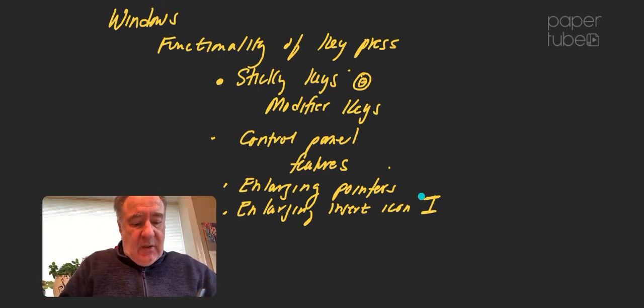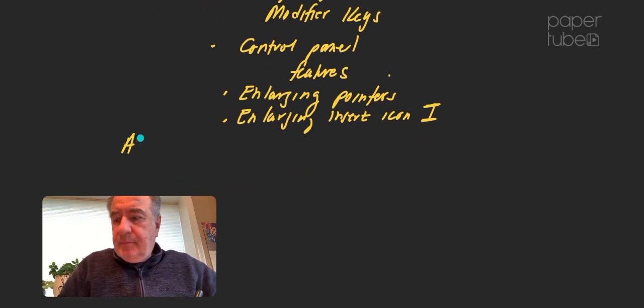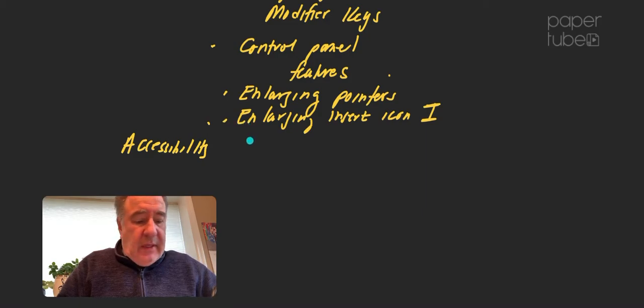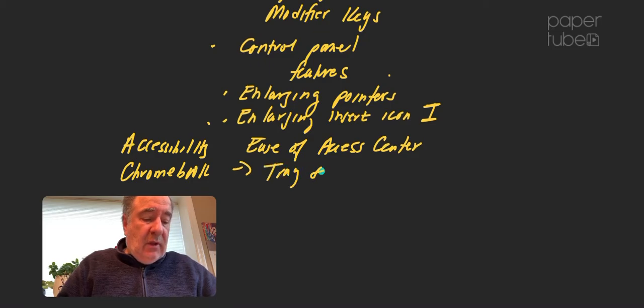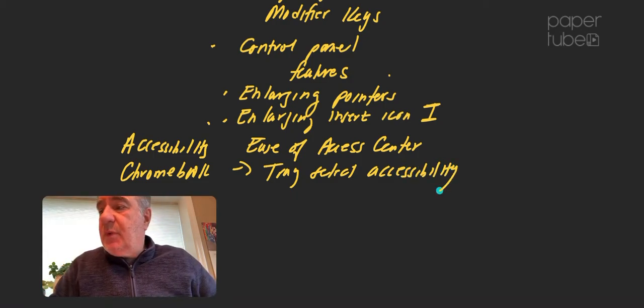So I would definitely take a look at the accessibility icon or the ease of access center on your computer, or if you're on a Chromebook, you can go down into the tray and select accessibility and turn on and off features, which can be really important.